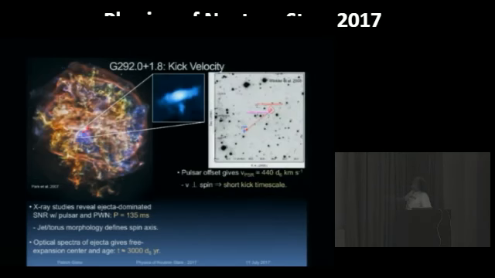And so what one finds from that is that there's that kinematic center, there's the neutron star, so that separation plus the kinematic age of 3,000 years allows one to determine that the velocity of that neutron star in the plane of the sky is 440 kilometers a second if at 6 kiloparsecs.